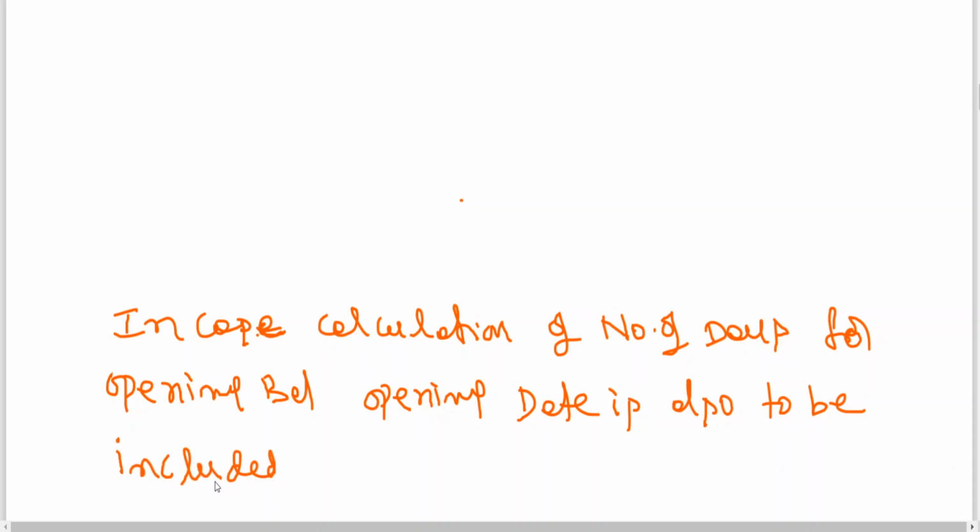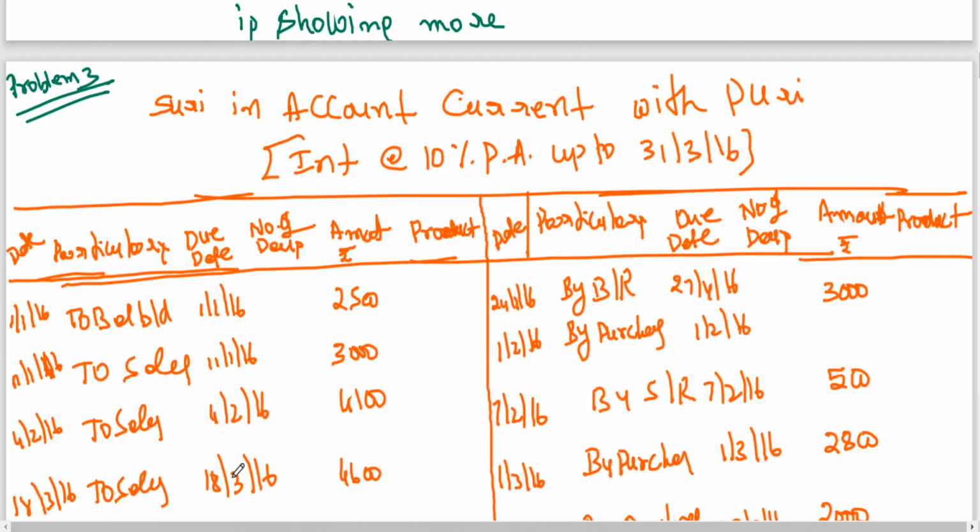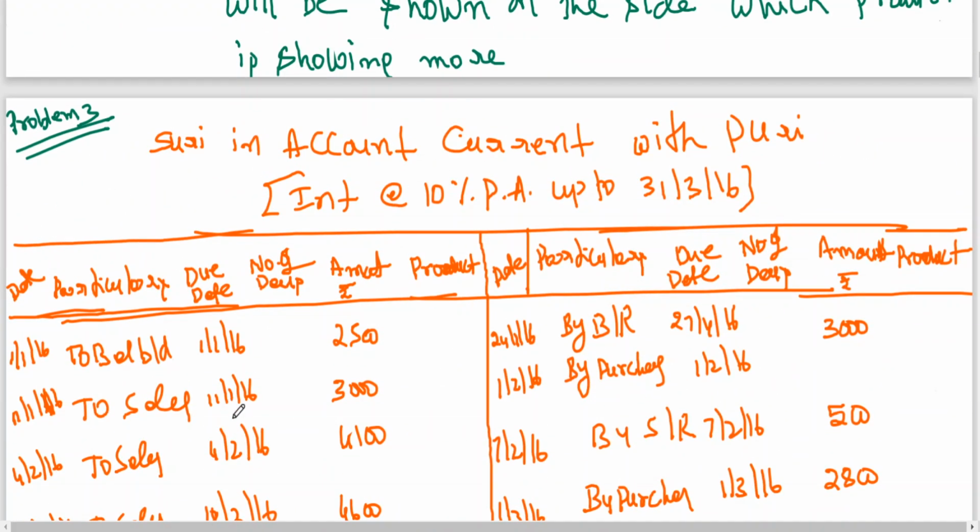See, for other transactions, suppose 11th January, the 11th day we are not including. Here 1st January is also included. That means generally, if it is not opening balance, we could have taken balance of January as 30 days. But since it is the opening balance, the 1st day is also included. But here the 11th date will not be included. The number of days balance of January is calculated excluding the 11th day, here including 1st January.